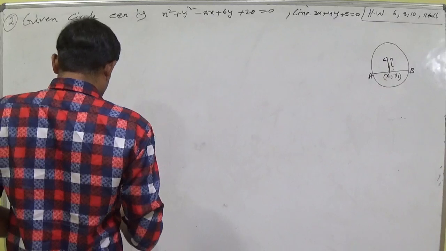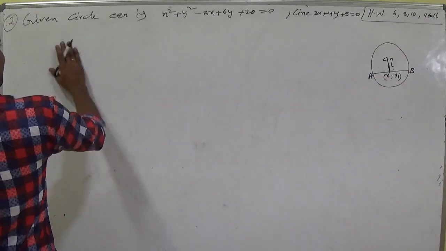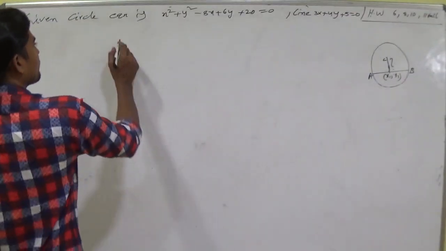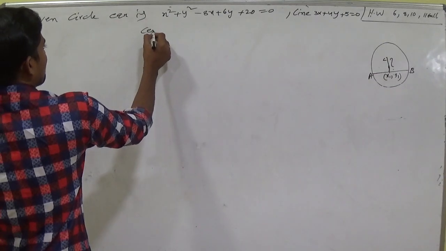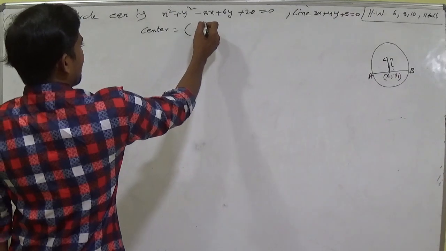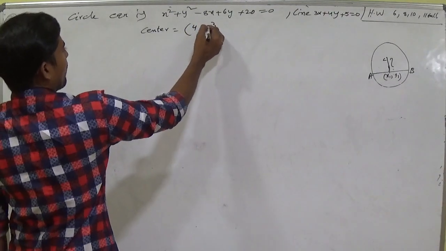So the center for this circle, center equals (minus g, minus f), so (4, minus 3).